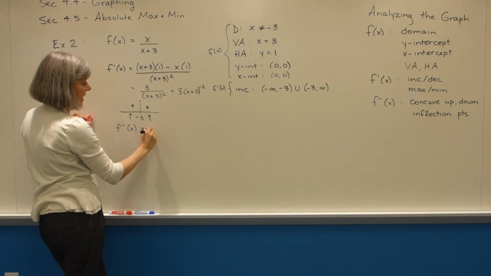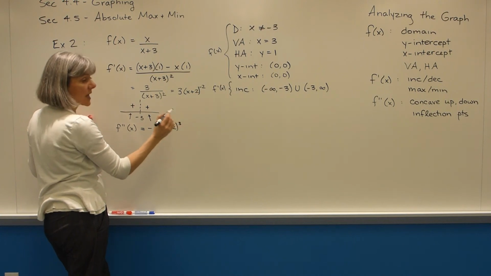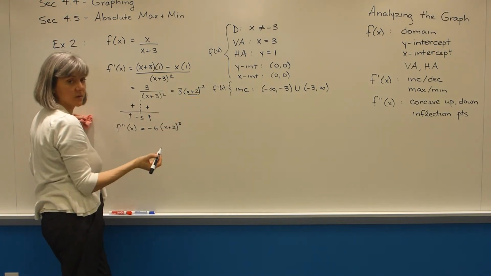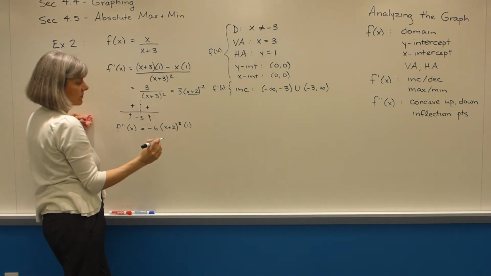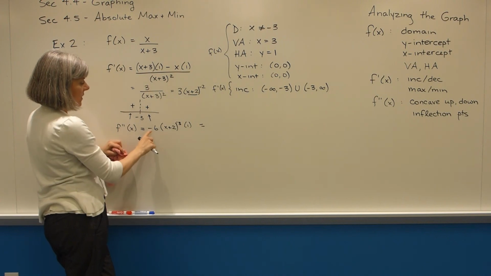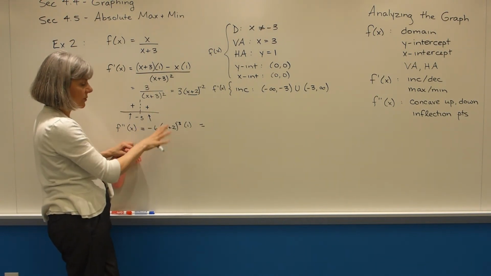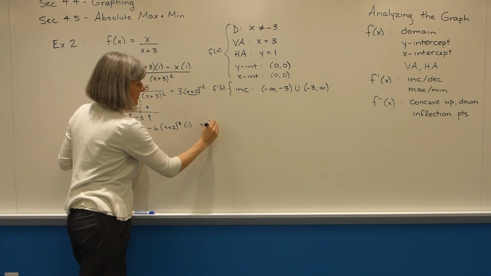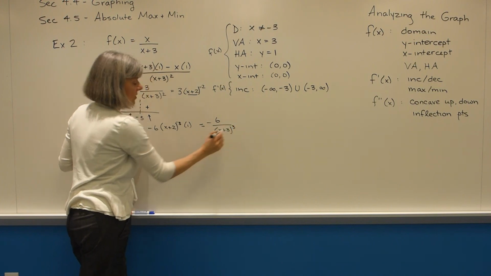Negative 2 comes down, so negative 6 times x plus 3 to the negative 3, times the derivative of the inside, which in this case is just 1. All right, so let's clean this up. So negative 6, and again, because I'm going to be doing substitution, I'm going to rewrite this with positive exponents, so it will be negative 6 divided by x plus 3 cubed.